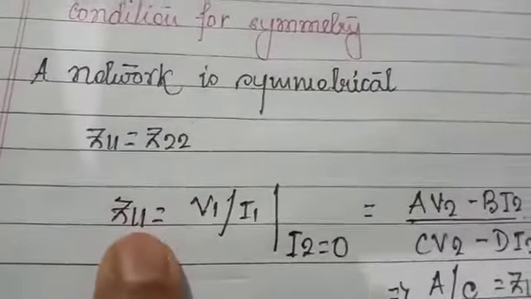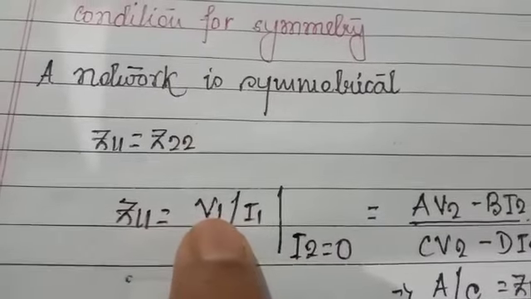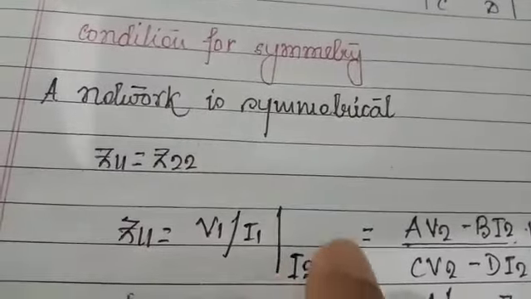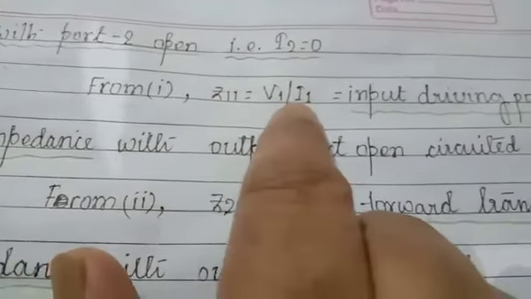So what is Z11? Z11 was V1 by I1 under the condition I2 is equal to 0. If you remember this, you will see how Z11 was deduced. Z11 was V1 by I1 with I2 equal to 0.